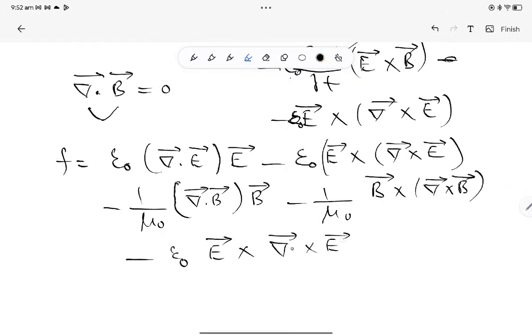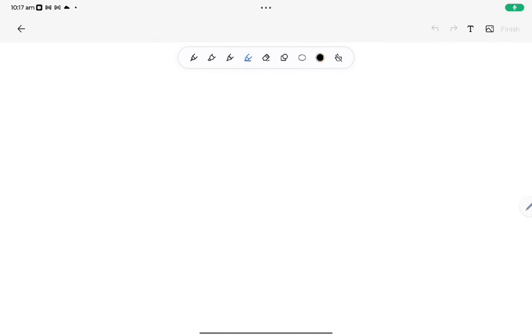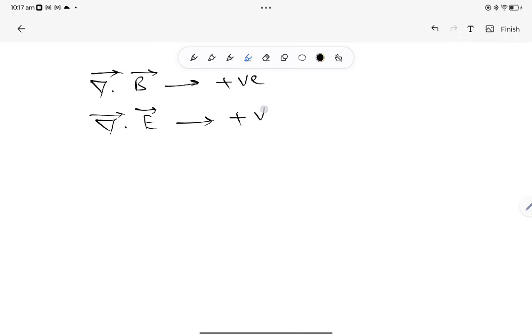Now it is better to have a check on this. For the sake of symmetry between electric and magnetic terms, we should choose the sign of del dot B positive instead of negative, because the sign of del dot E is already positive. Since that sign is positive, the sign of del dot B should also be taken as positive.